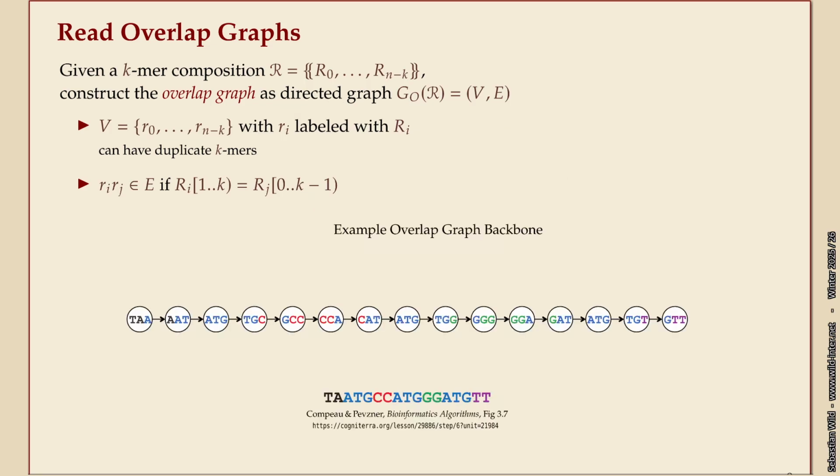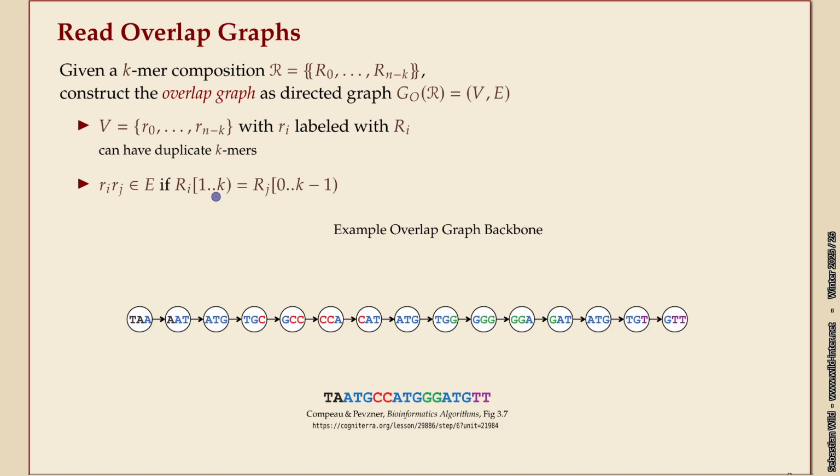And here's an example. Again, this is taken from the book because they drew it so nicely with colors that I felt it's not much fun in me redoing the drawing. So here's an example text where this comes from. The first step, this is just the backbone. This is the edges that are obviously there from what we have in the text. Now, the graph we defined, of course, will have more edges because there are some examples.